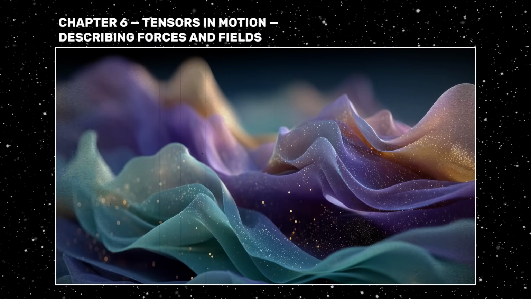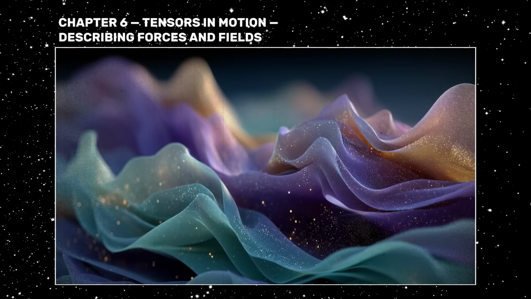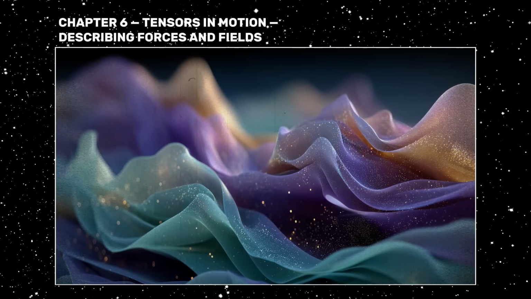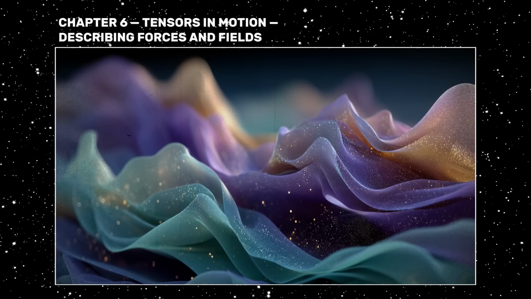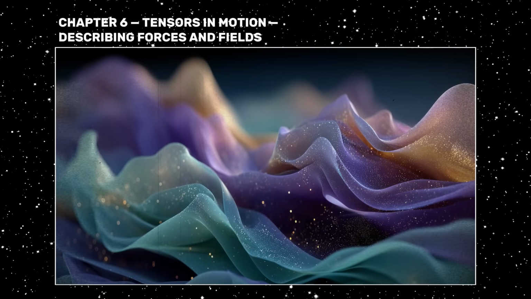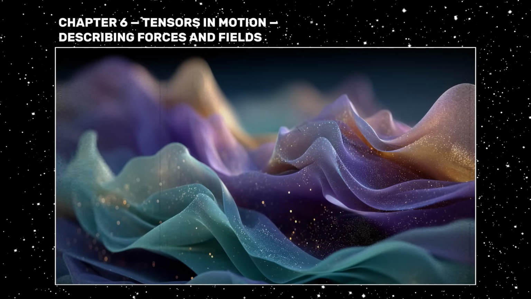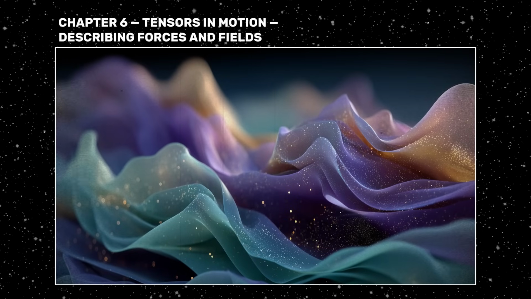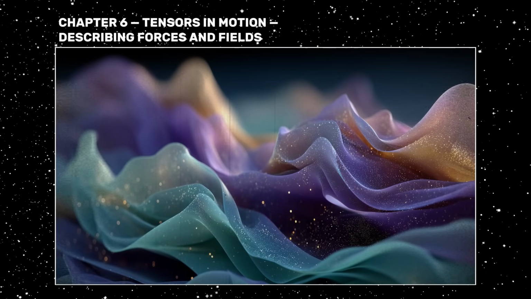This tensor makes explicit the unity of electricity and magnetism. What appears as an electric field in one frame of reference may appear partly as a magnetic field in another. The tensor ensures the laws of electromagnetism hold true across all frames, revealing that electricity and magnetism are not separate phenomena, but 2 aspects of one underlying field.